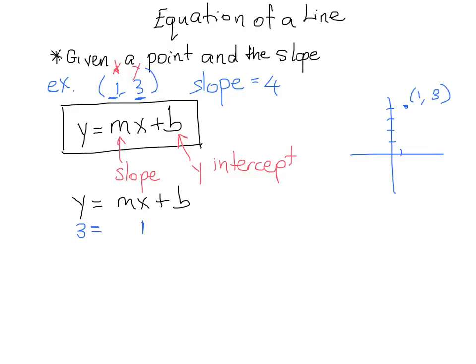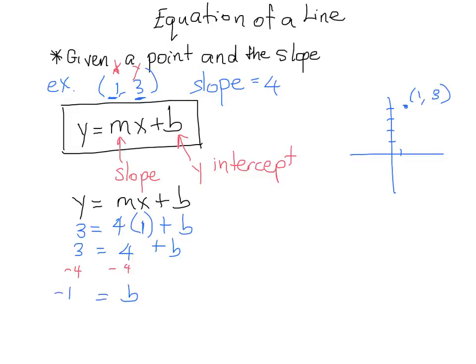So 3 = m, our slope, which is 4, times x, plus b, which we don't know yet. We can simplify this and solve for b, and we get that 3 is equal to 4 + b. Now we can isolate b by subtracting 4 from both sides, and we get that b is equal to -1.